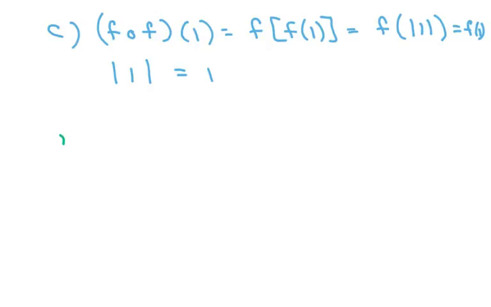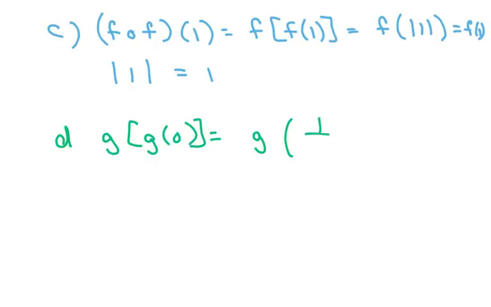And the last one, we have g of 0. So that's going to be g of 1 over 0 squared plus 1, which just equals g of 1, which equals 1 over 1 squared plus 1, which equals 1/2.